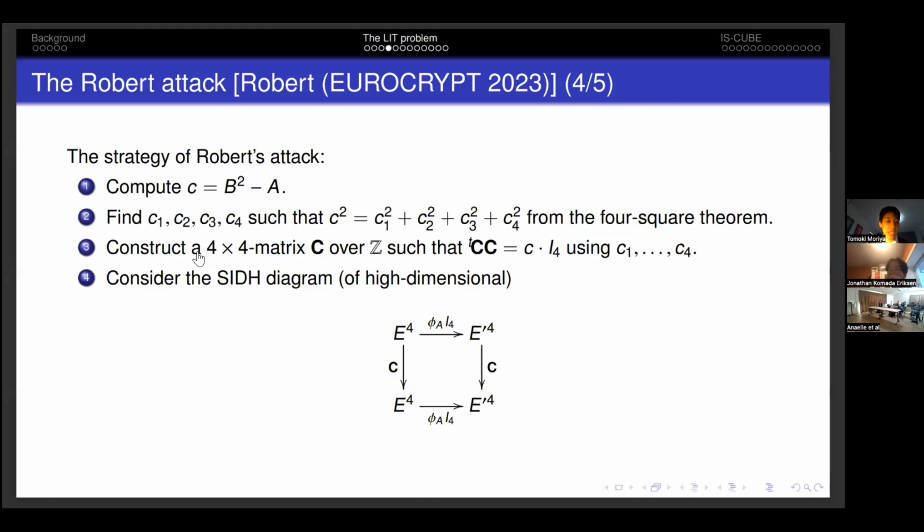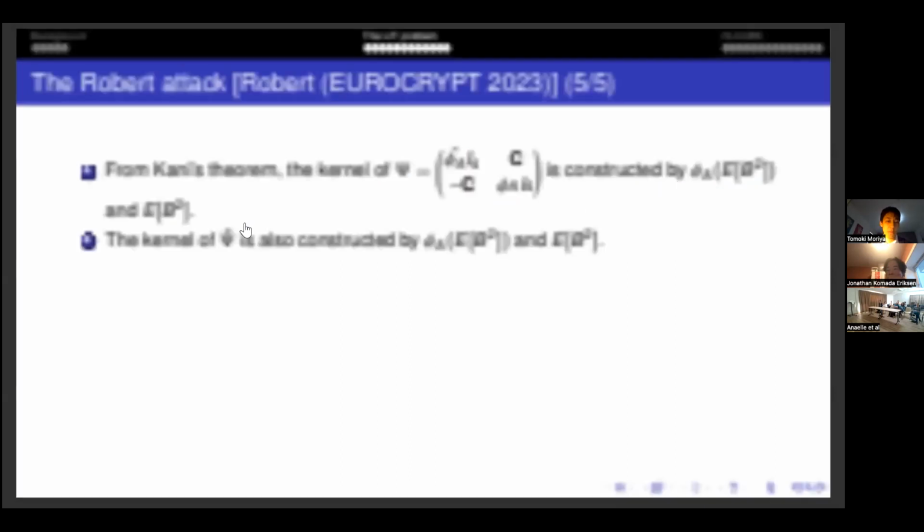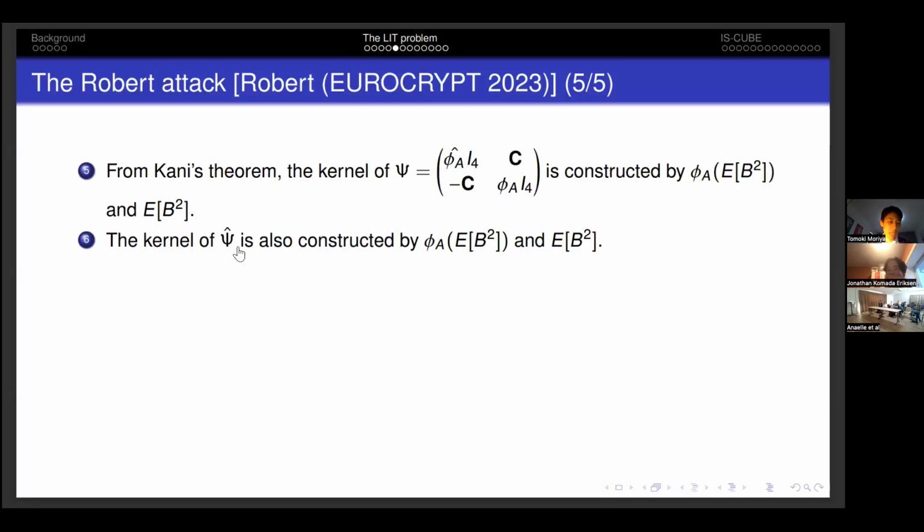It is because we take C as B squared minus A. So concerning this isogeny, we can construct it by the B squared torsion points. And by thinking in a similar way, the kernel of the hat psi is also constructed by B squared torsion points.